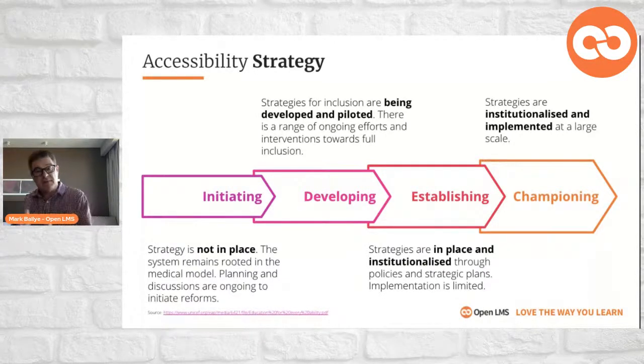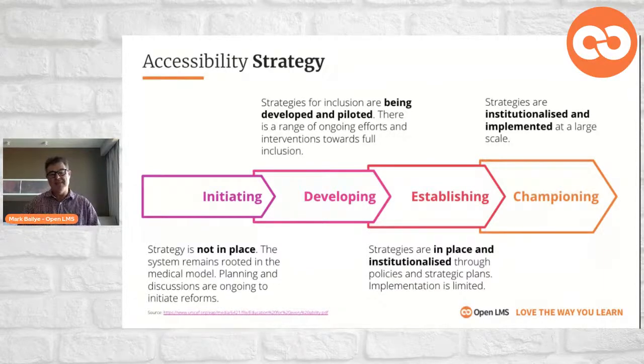Or have you progressed even further into the establishing phase, where you've got strategies in place that are institutionalized, you've got policies and strategic plans that you've implemented, but the implementation is limited at the moment for a variety of reasons?